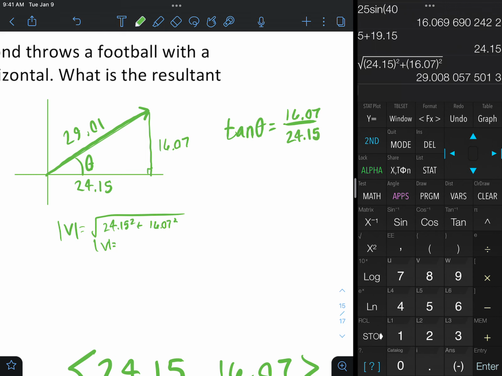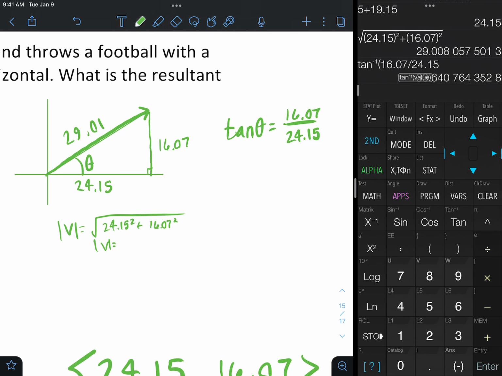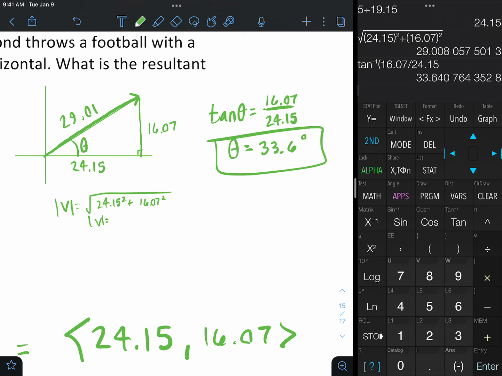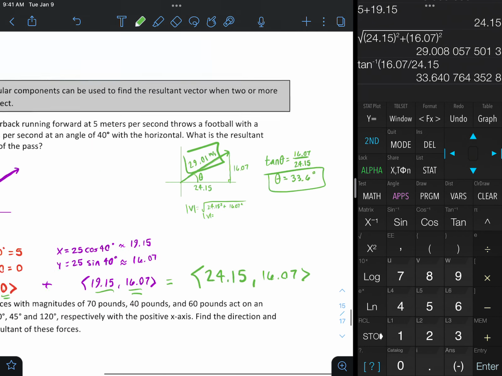It's going to be your y over your x. And then to type that in the calculator, you do tangent inverse 16.07 divided by 24.15. So theta is roughly 33.6 degrees with the horizontal. So that would be your answer there, and then the 29.01, I guess, meters per second would be the other part of your answer right there.